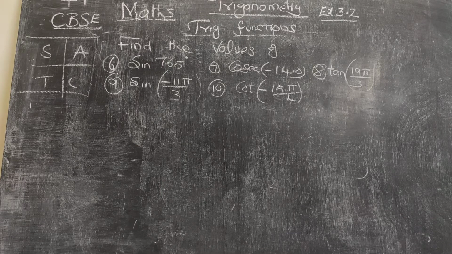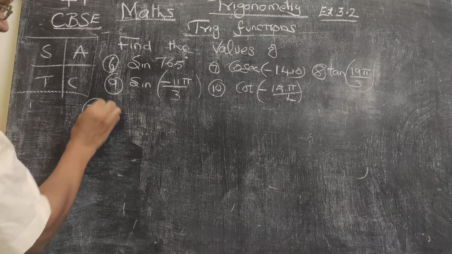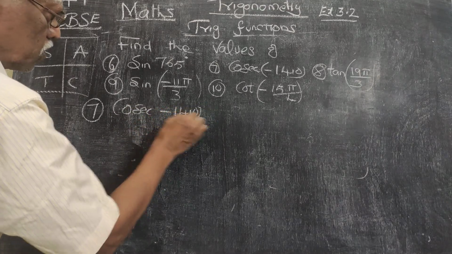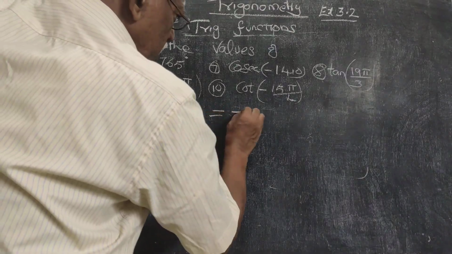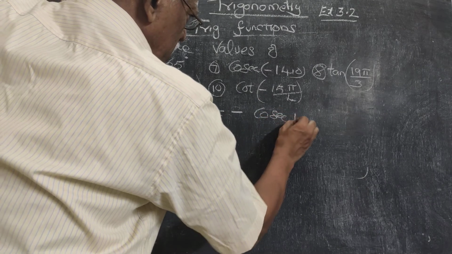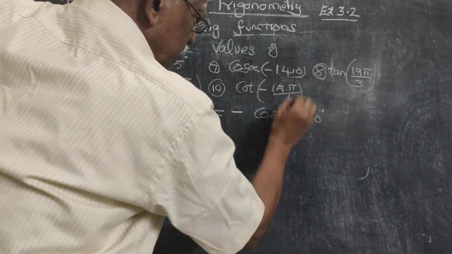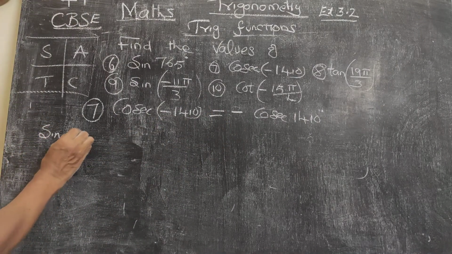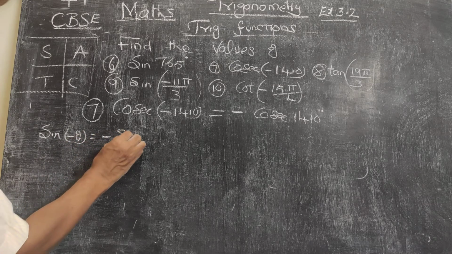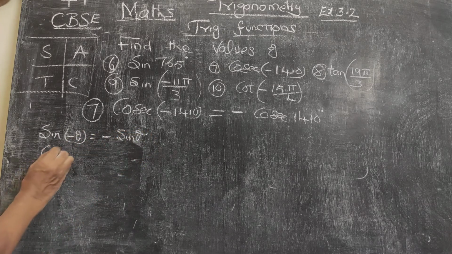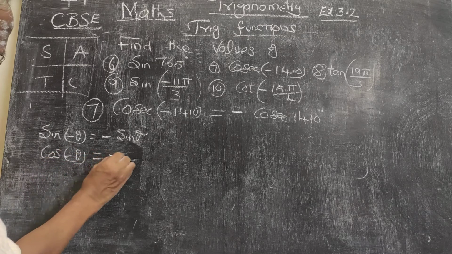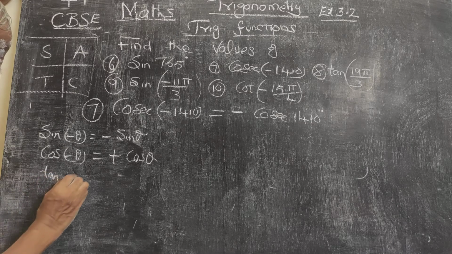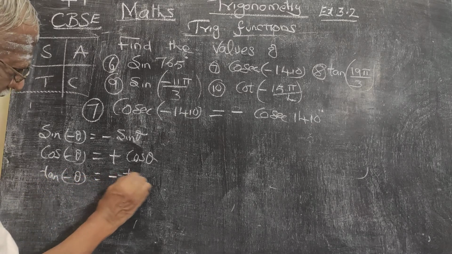The next problem, seventh problem, cosecant of minus 1410, which is equal to minus of cosecant 1410. So this also you remember: sine of minus theta is minus sine theta, cos of minus theta is plus cos theta, and tan of minus theta is also minus tan theta.